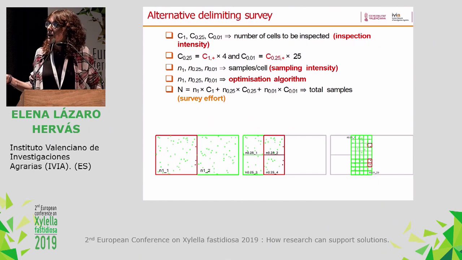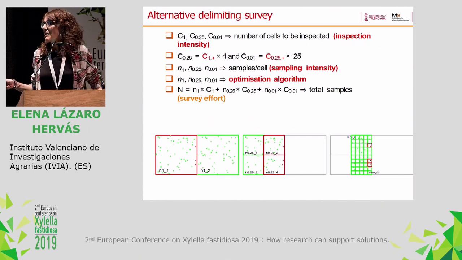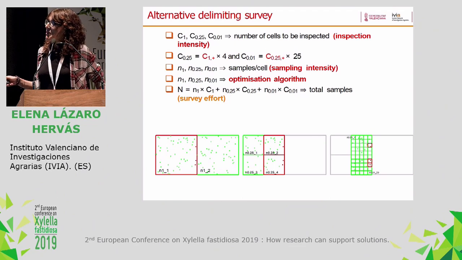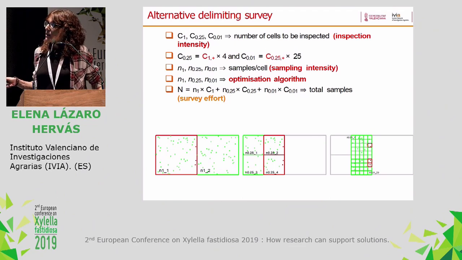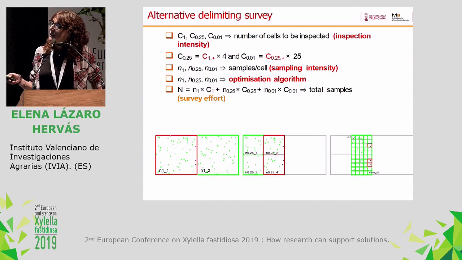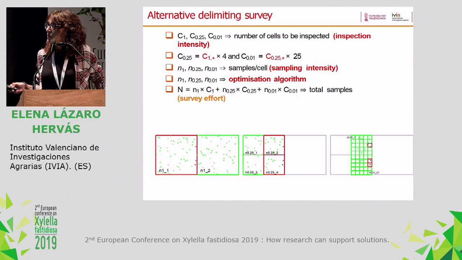This is a graphical description, as a toy example, in order to show our alternative delimiting survey. As you can observe, the number of cells to be inspected in the final resolutions depends on the positive cells that we have found in the previous one.